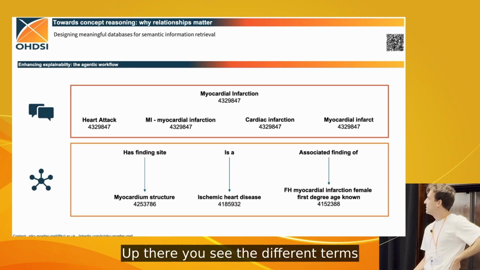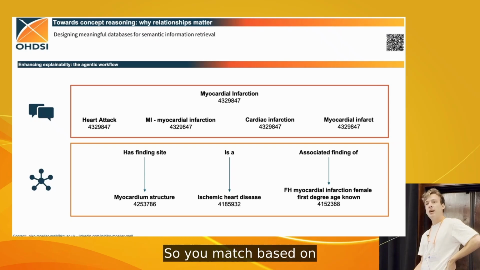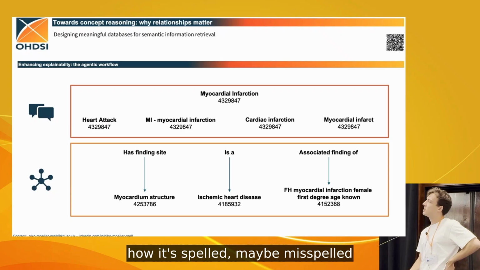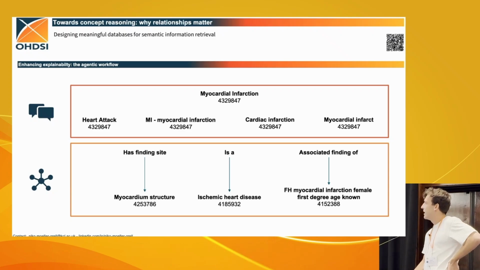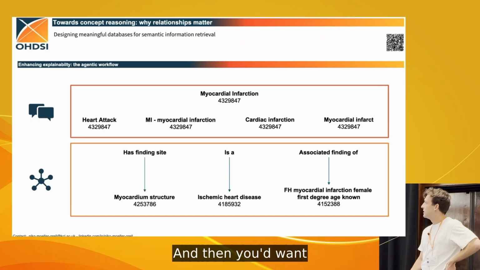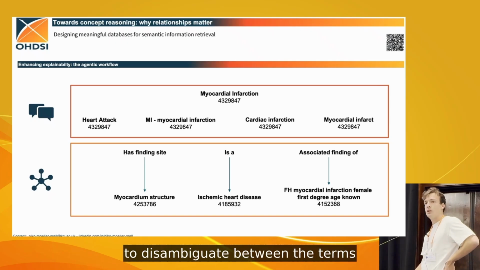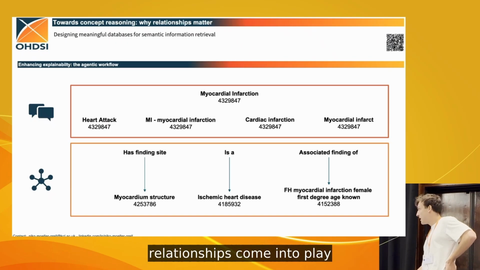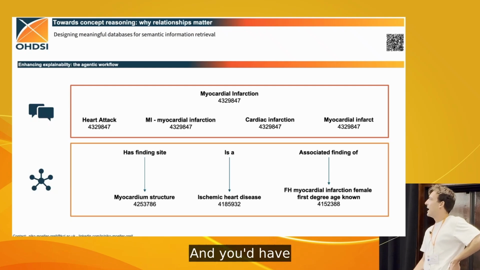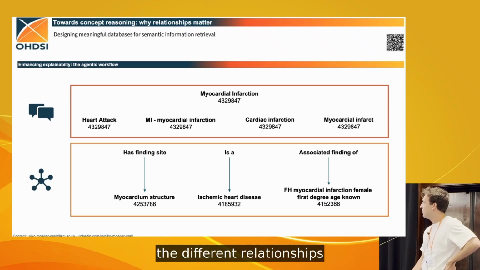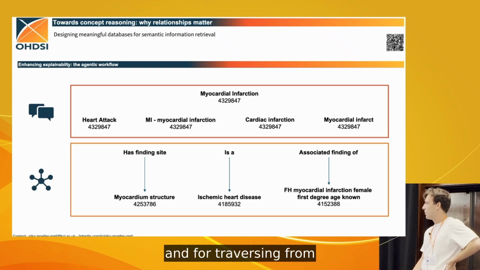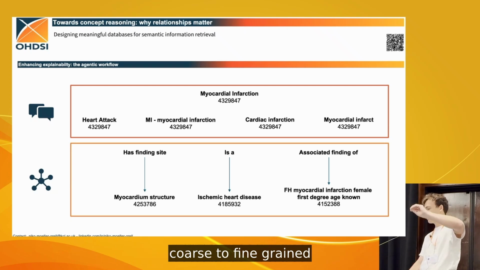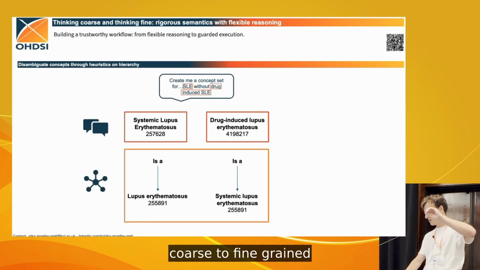Up there you see the different terms, right? So you match based on semantic similarity, on synonyms, how it's spelled, maybe misspelled, maybe you'd have abbreviations, acronyms, etc. And then you'd want to disambiguate between the terms, and that's where the relationships come into play. And you'd have the different relationships which you could use for sanity checking and for traversing from coarse to fine-grained.